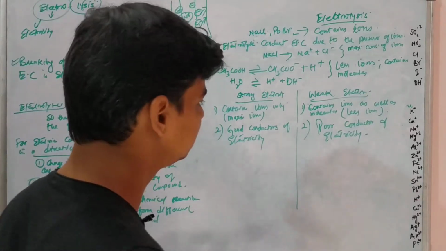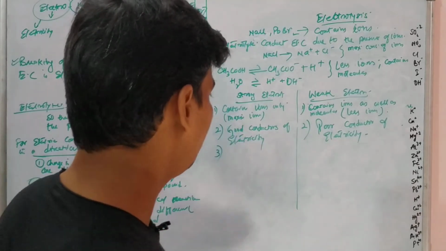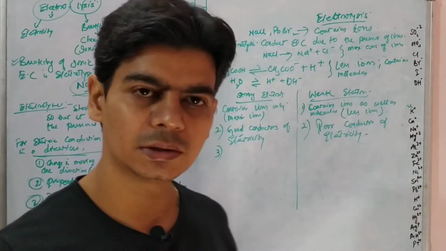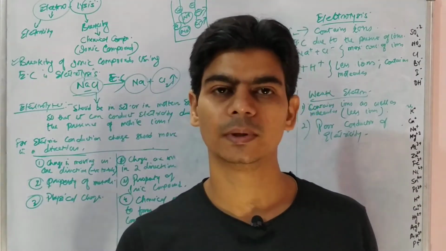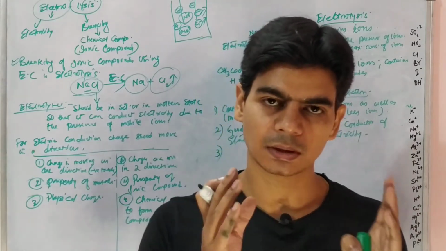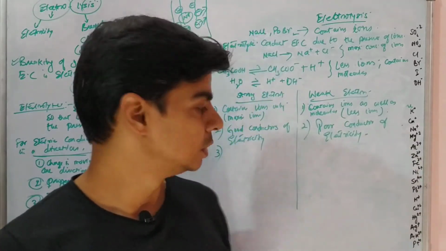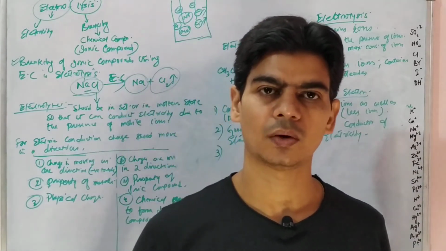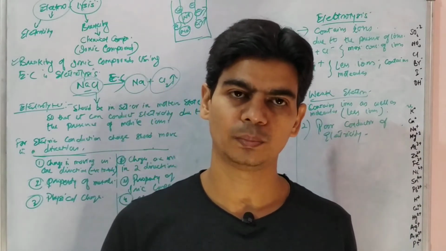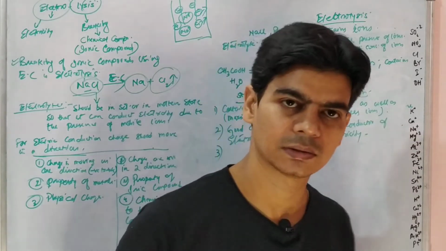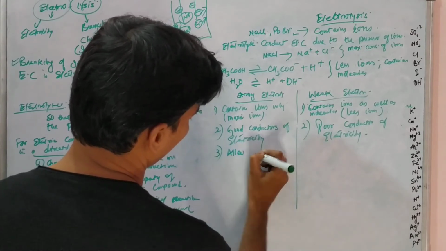We can have one more point. Since I said earlier that a strong electrolyte contains more ions, it will allow more electricity to pass through it, because it is mobile ions that are responsible for electrical conduction through electrolytes. So strong electrolytes, due to more ions, allow more electric current to pass through, and weak electrolytes allow less electric current because they contain fewer ions and contain molecules as well.